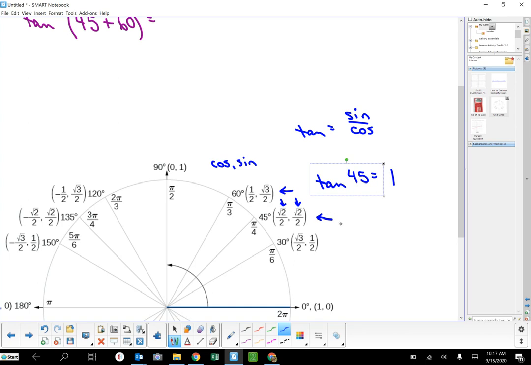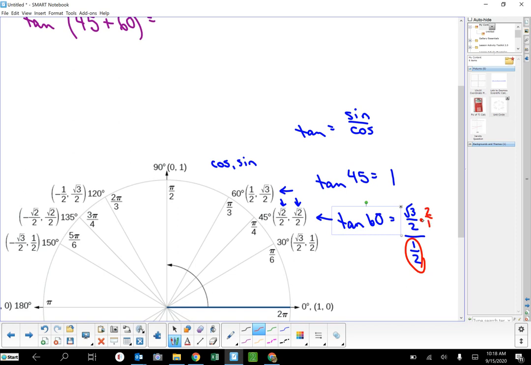And then if we want to do tangent of 60, well, the sine is rad 3 over 2, and the cosine is a half. And remember that whole keep, change, flip with fractions. So we're going to keep this the same, change this to multiply, flip this guy upside down.